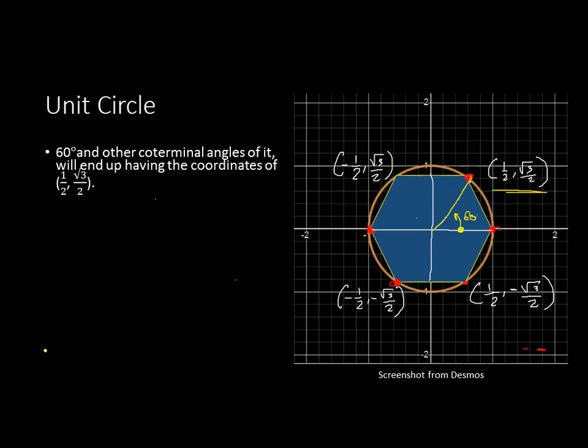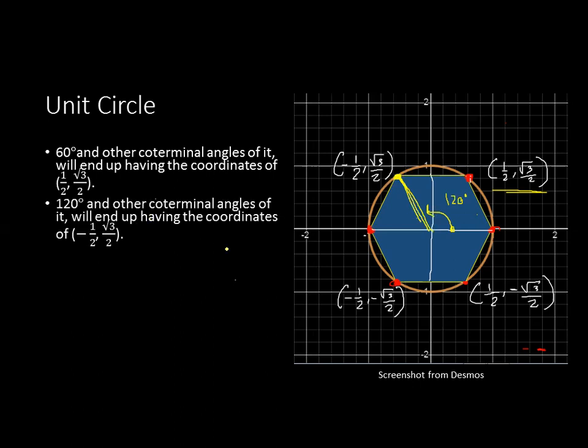Next, if we go further, getting the angle from here going to this point until you reach this vertex, this would be 120 degrees. So if you have an angle of 120 degrees and other coterminal angles of it, you will have negative 1/2 and square root of 3 all over 2 as your coordinates.